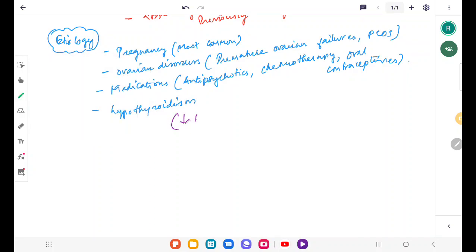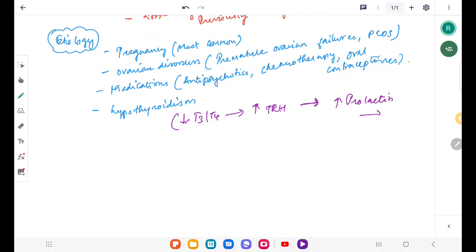So because of decreased secretion of T3 and T4, there will be increase in thyrotrophin releasing hormone. So we also know that thyrotrophin releasing hormone is responsible for the stimulation of prolactin in pituitary gland.